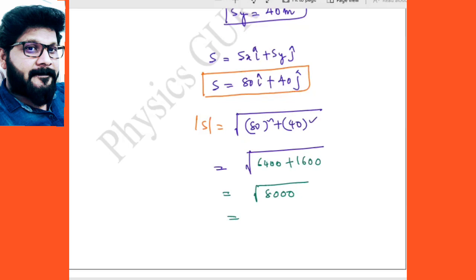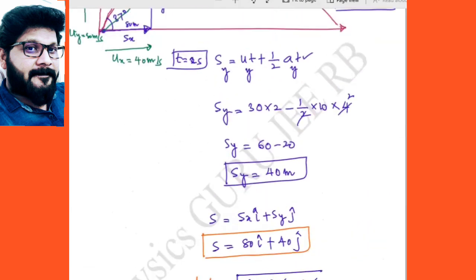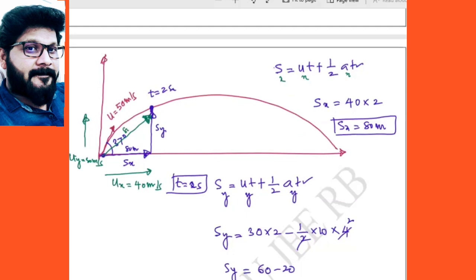Root 81 is 9, so it is 89 point something. We can take an approximate value, 89.4. Approximately we get 89.4 meters, or we can take 40 root 5 also, no problem. So this is the resultant.